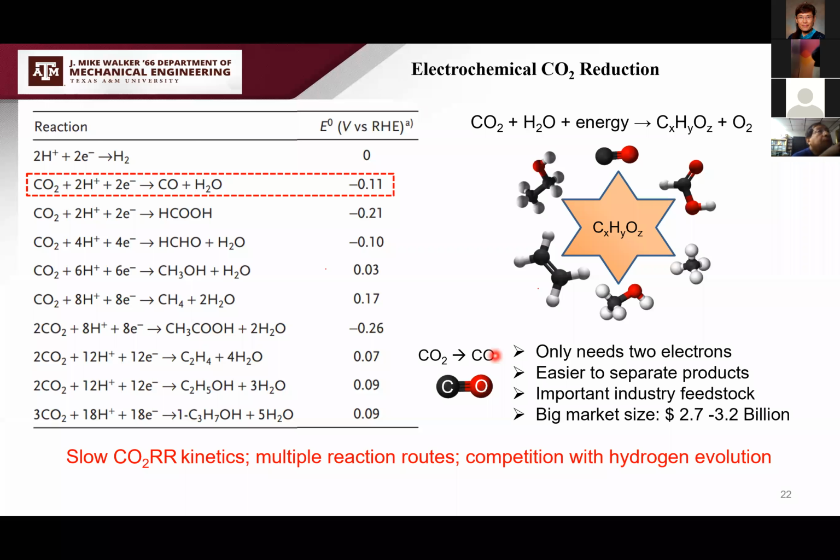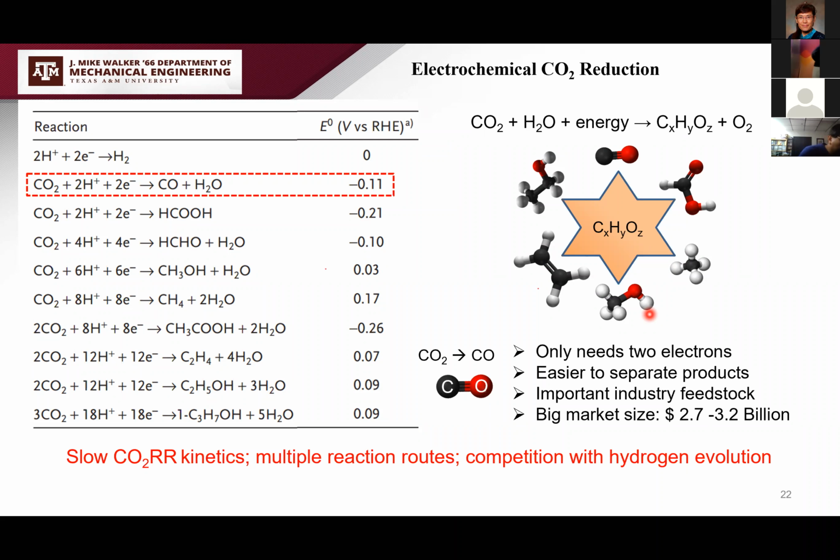In my research, of course, I focused on CO again. Many other researchers are studying formic acid or C2, C3 products. I worked on CO because I think it's relatively easier thermodynamically. It's not that challenging. It only needs 2 electrons, and it's easier to separate CO from CO2 than, if it's a liquid product, separating the liquid from the electrolyte, which costs more energy.